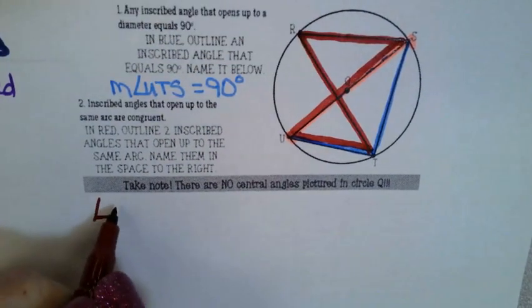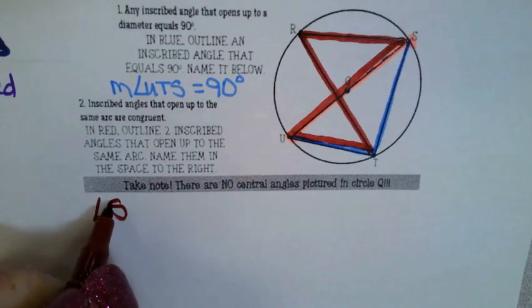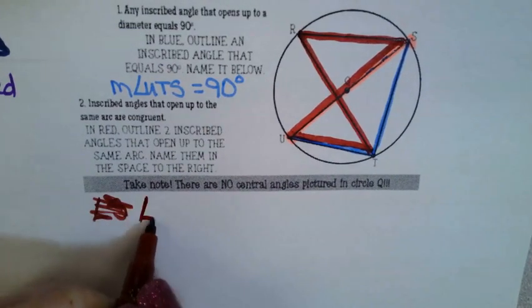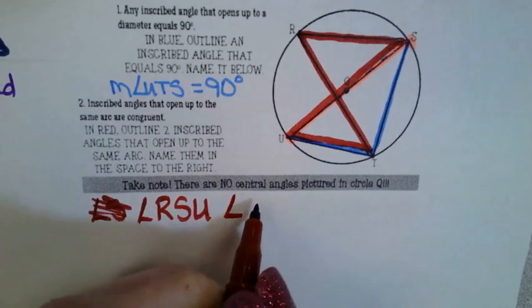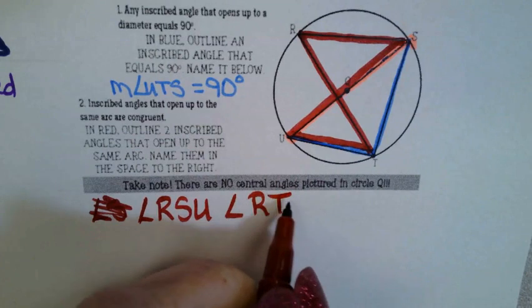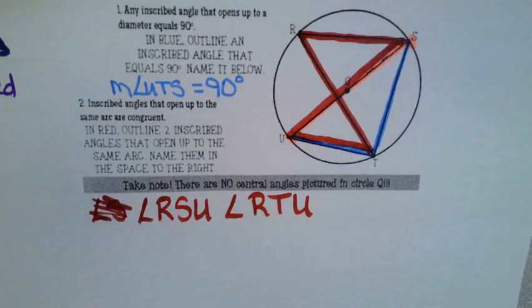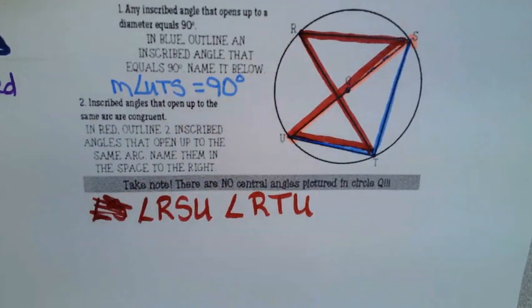Angle RSU and angle RTU both open up to that same arc, RU.